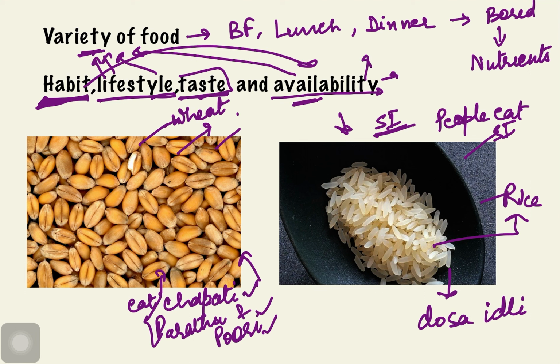Same thing with oil also. In North India people use mustard and refined oil more. But in South India people use coconut oil. Why? Because coconut is grown more in South India and easily available there. So that comes under variety of the food.